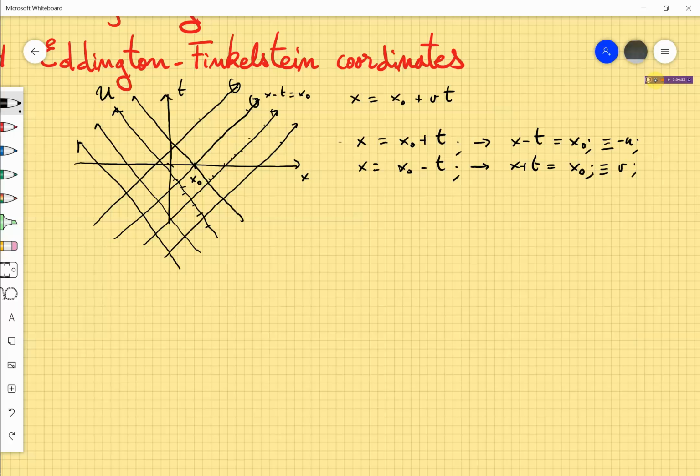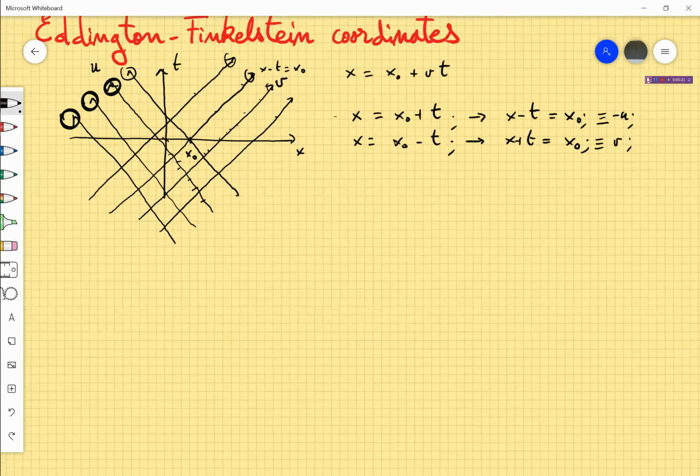So for instance, this one, different values along this axis label these other lines. So this is what you would call v.